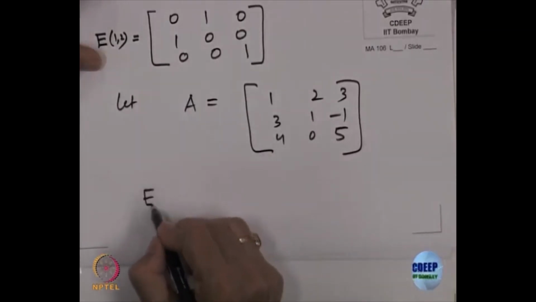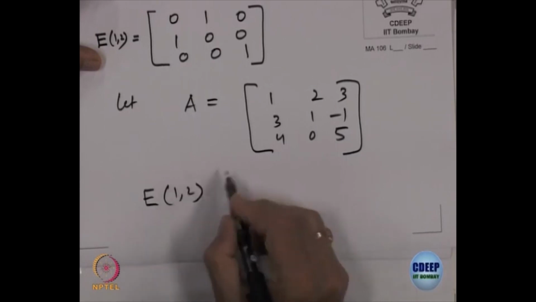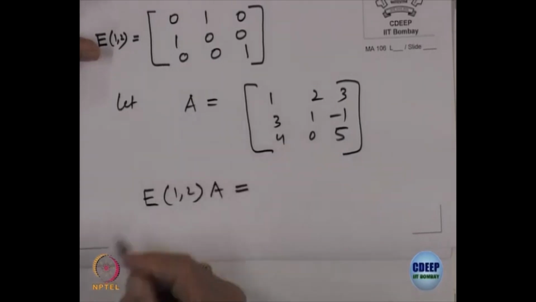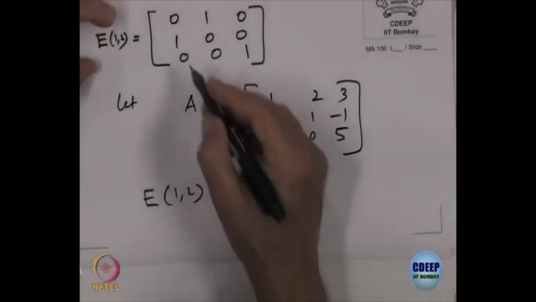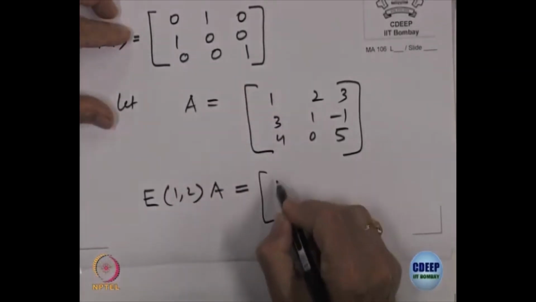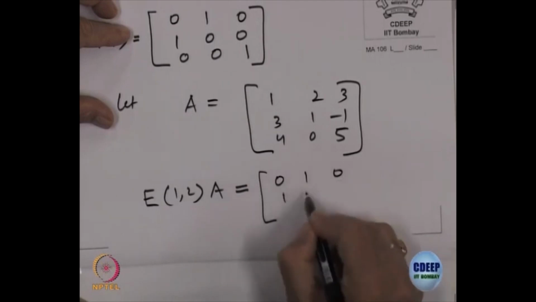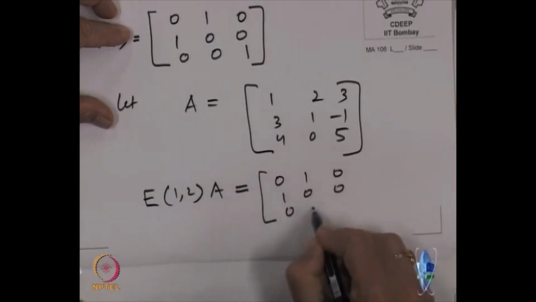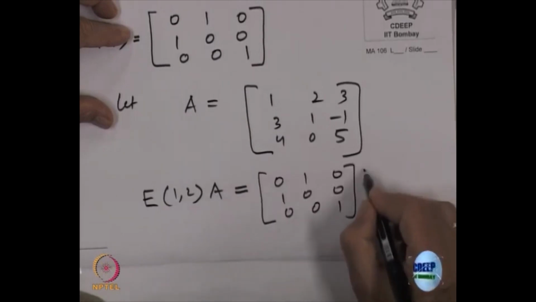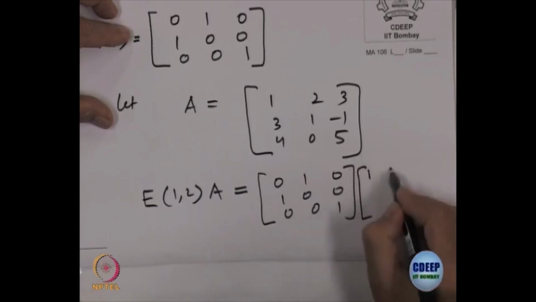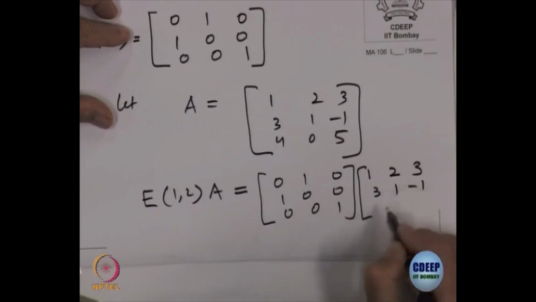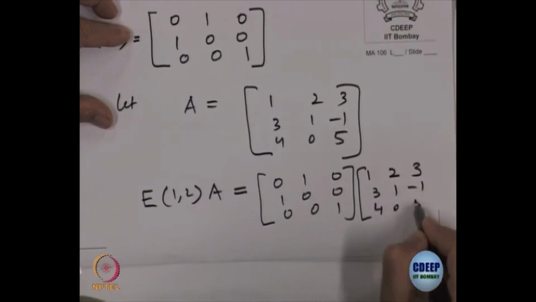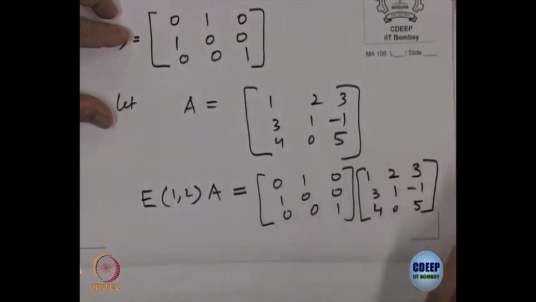I want to compute E 1 2 multiplied with A. So, let us write 0 1 0, 1 0 0, 0 0 1 times 1 2 3, 3 1 minus 1, 4 0 5, right.